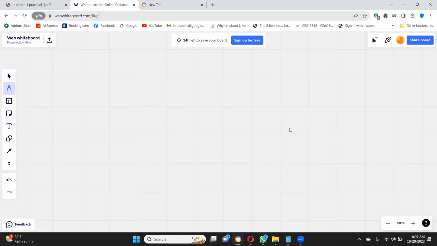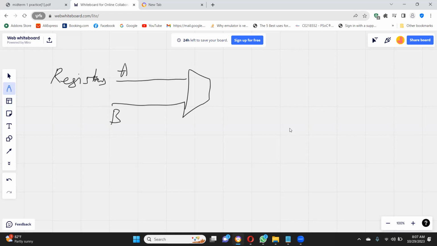I forgot it, sorry. I think the ALU will be like this. And there are two inputs, and the inputs are coming from registers. Let's say there is an A register and a B register, right? And the ALU is this.